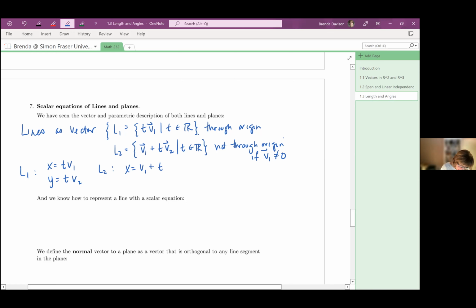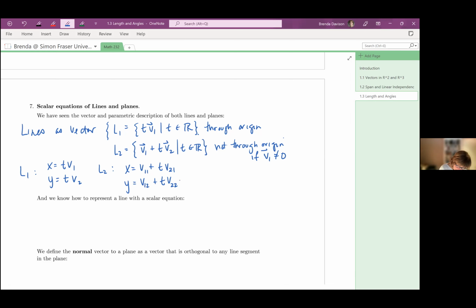That's confusing because that's the whole thing. So let's call that V11 plus TV21. And then Y is equal to V12, the second component of the first vector, plus T times the second component of the second vector. Looks like that. Okay, so we have the lines represented by vector equation and parametrically.